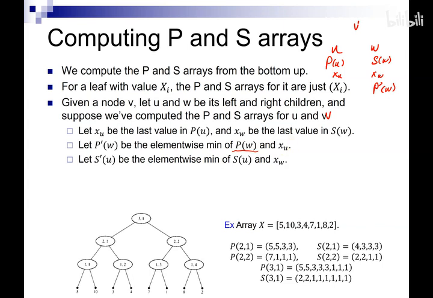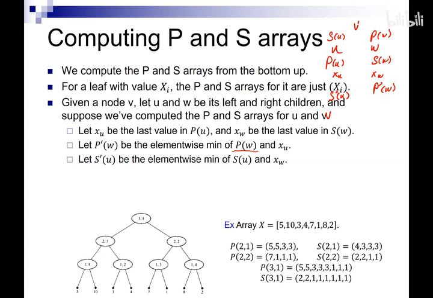And then also we're going to create this array S prime of u over here. And this is going to be the element-wise minimum of S of u and this P of w over here.